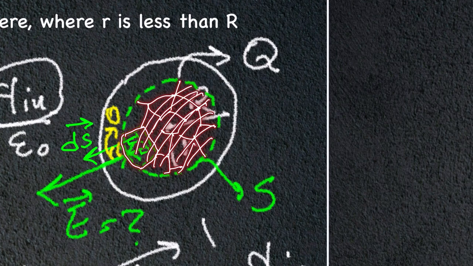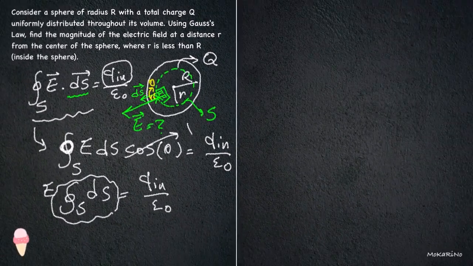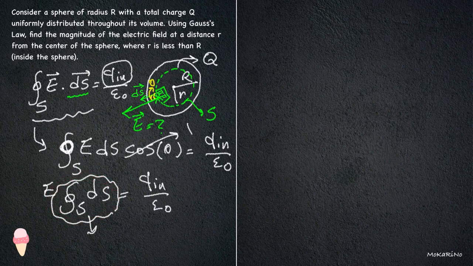And the summation is all the surface area, the entire area of the surface S. This is the meaning of this part. So I can say that this is 4 pi R2. And overall I can say that E times 4 pi R2 is equal to Q in over epsilon 0.